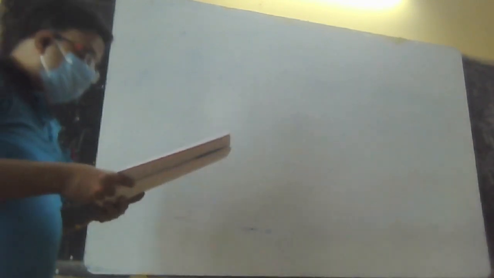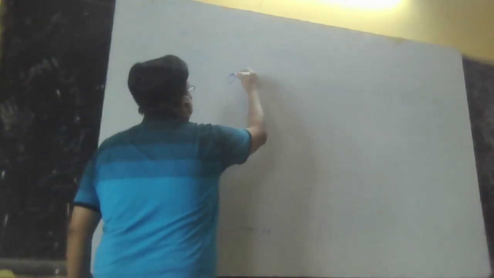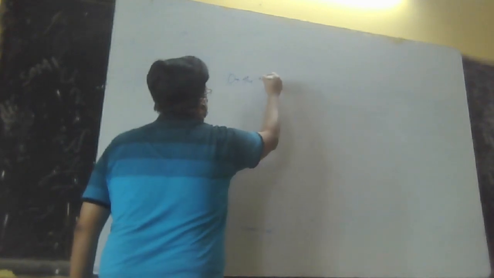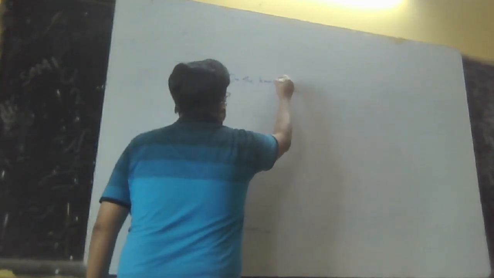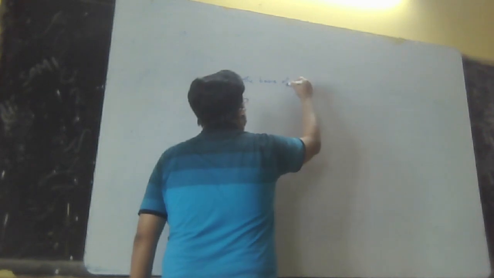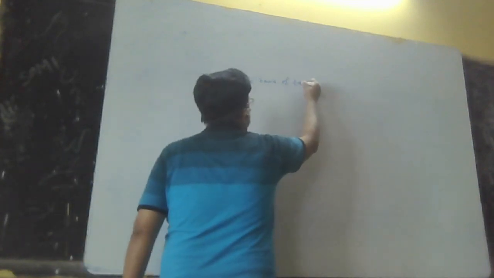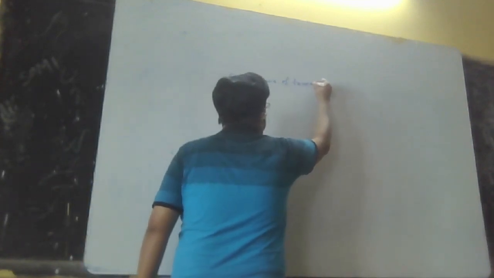So, as per classification rule, individuals are placed in a group or taxa on the basis of similar characters, on the basis of rules of taxonomy. Taxonomic rules.